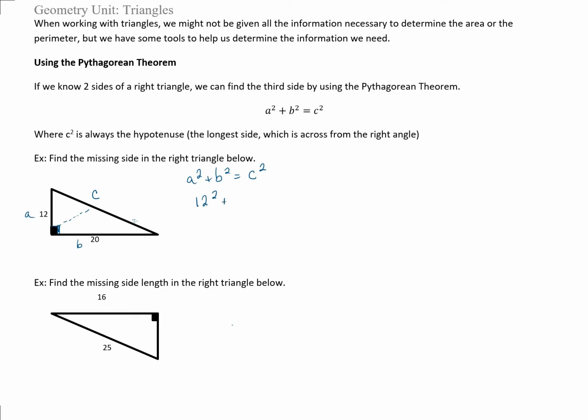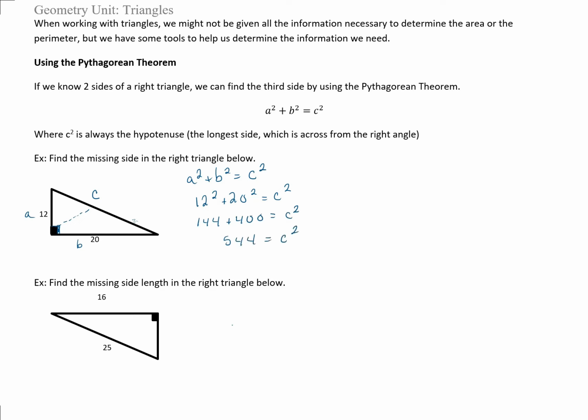12 squared plus B squared, 20 squared, equals C squared. Now, order of operations tells us we have to do our squareds first. So 12 squared, 144. 20 squared, 400. C squared, well, there's nothing we can do with it, so we'll just leave it. 144 plus 400 is 544.